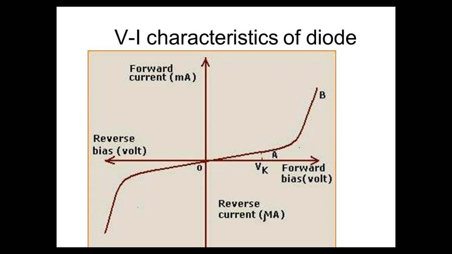At a certain voltage, that is called the breakdown voltage, if the reverse bias voltage crosses the breakdown voltage, then the diode will get damaged and there will be more reverse current. This will damage the diode. So always, the diode should be operated below the breakdown voltage during reverse bias.